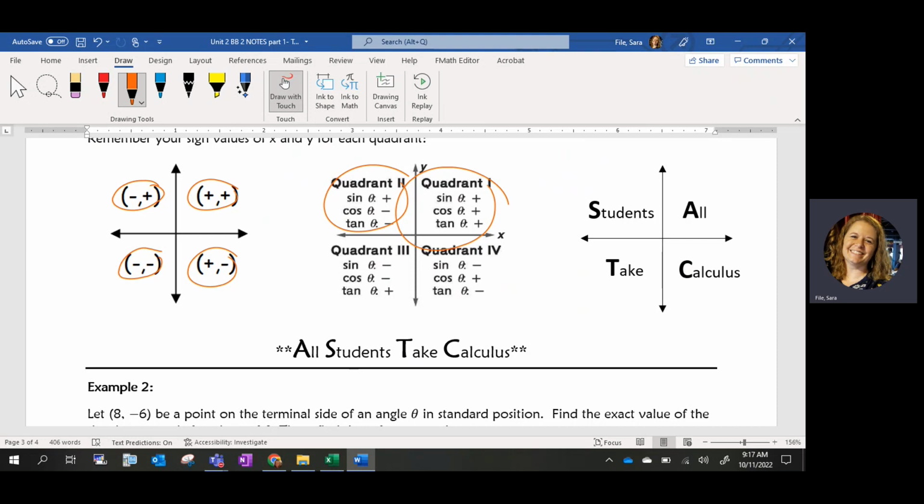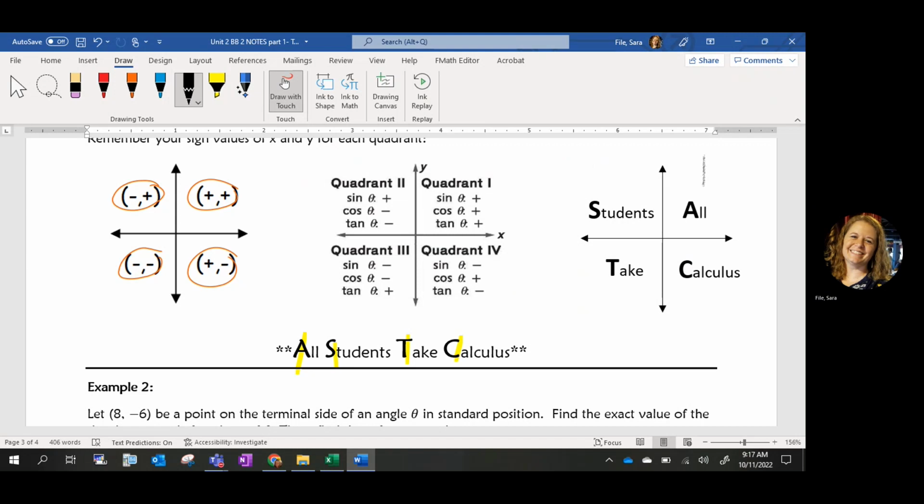So a little mnemonic to help us remember which trig functions are positive and negative in each quadrant is: All Students Take Calculus, in the order of your quadrants. Again, your quadrants are 1, 2, 3, and 4. So you go in that order and you say all are positive here.